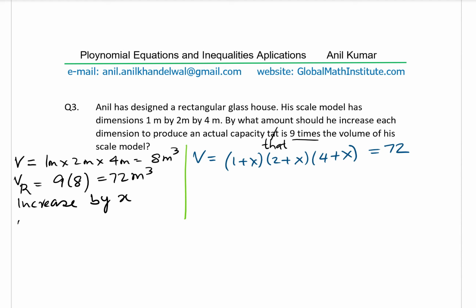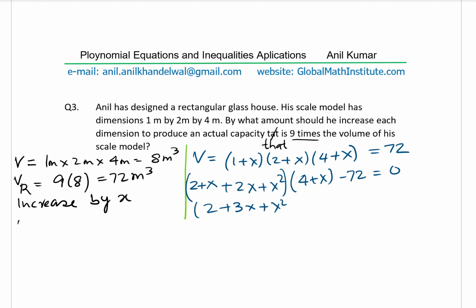So let's multiply by 1 first. So we get 2 plus x, and then with x, we get plus 2x plus x squared, and then so we get the first part, and now we'll multiply this with 4 plus x, bring 72 to this side, equals to 0. Now this could be written as 2 plus 3x plus x squared times 4 plus x minus 72 equals to 0.